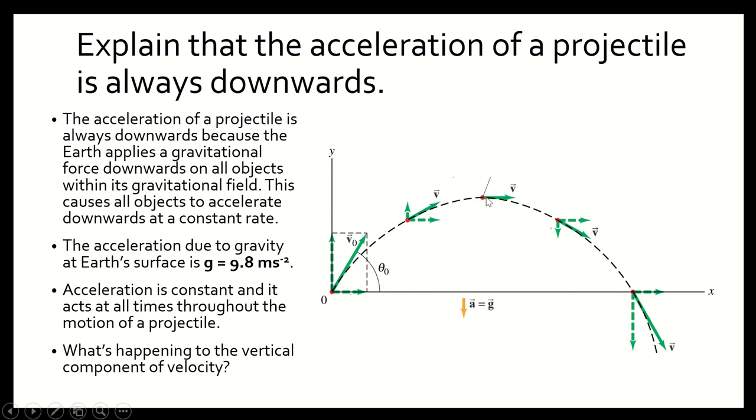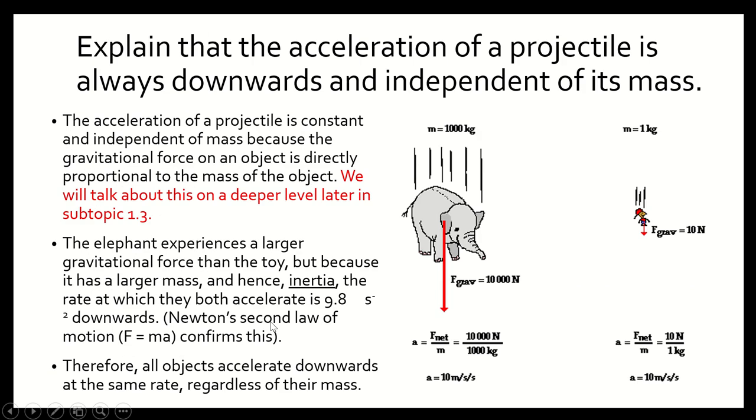So it's purely going to have a horizontal component of velocity at the top of its flight. Now what we see is the vertical component of velocity is starting to increase, and then when it strikes the ground, its vertical component of velocity is at its largest. So vertical component of velocity decreasing on its way up to the top of its path, and then increasing on the way back down to Earth or the ground.